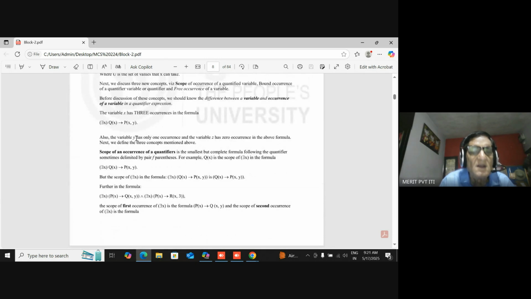The scope of an occurrence of a quantifier is the smallest complete formula following the quantifier, sometimes delimited by a pair of parentheses. For example, Qx is the scope of there exists x in the formula there exists x, Qx, Pxy.